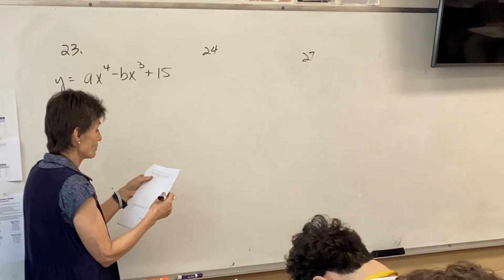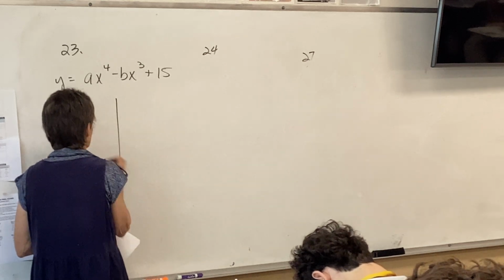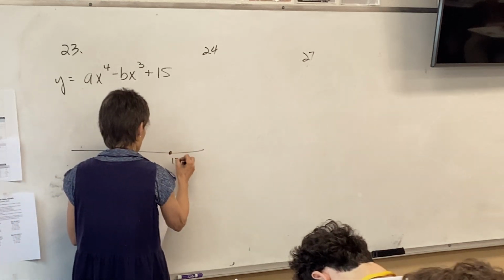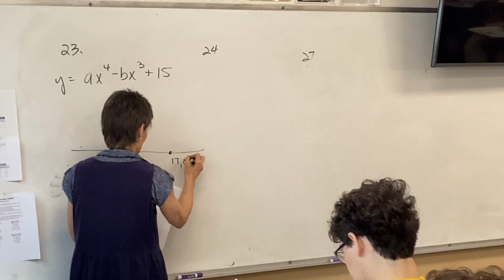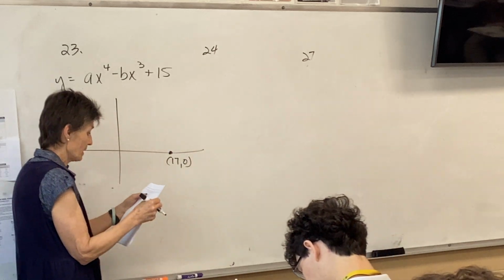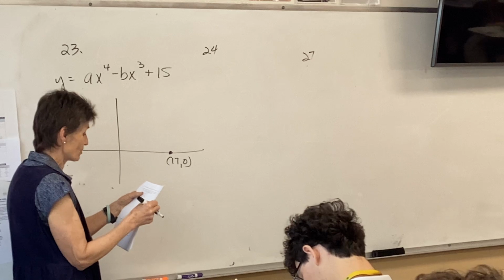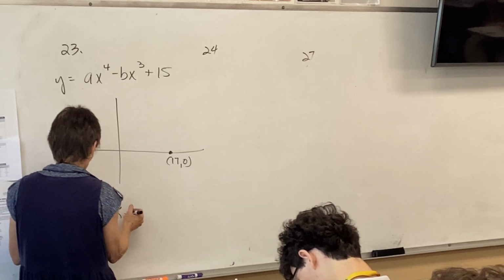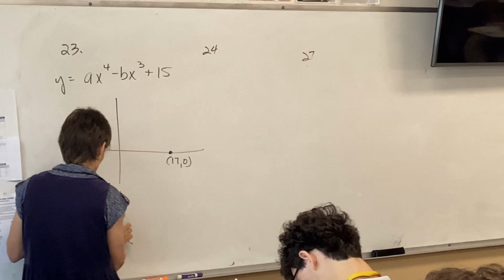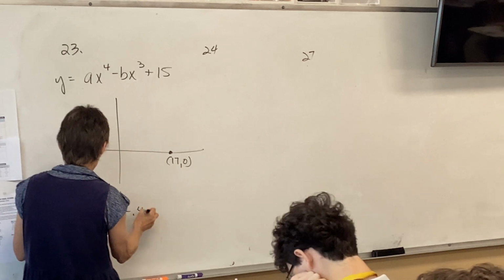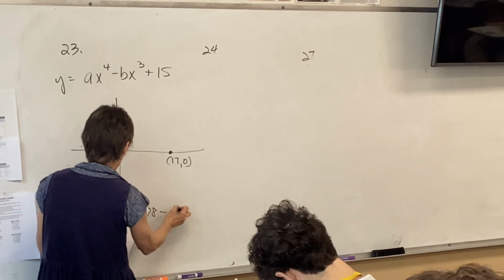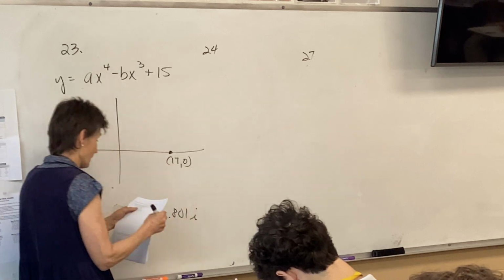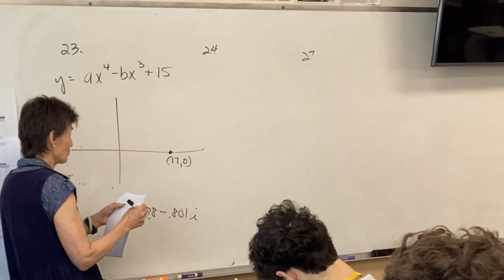We have an x-intercept at 17, whatever, comma 0. A zero is also one of the imaginaries, negative 0.478 minus 0.801i. Which of the following statements must be true?